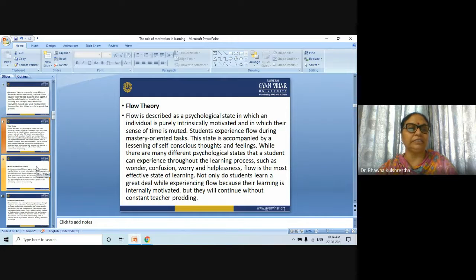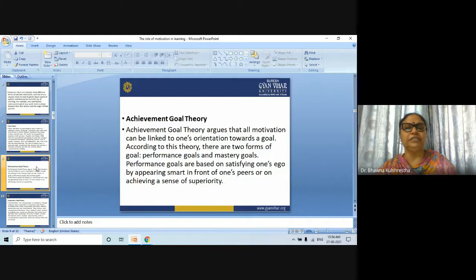And the next theory is achievement goal theory. Achievement goal theory argues that all motivation can be linked to one's orientation towards a goal.